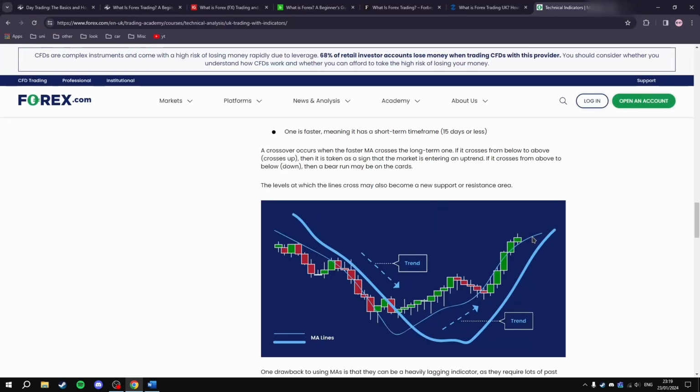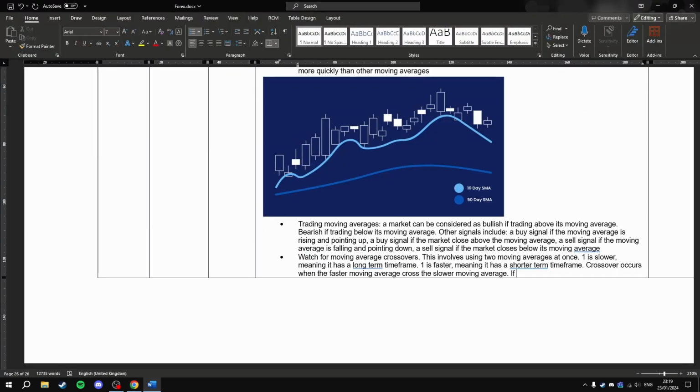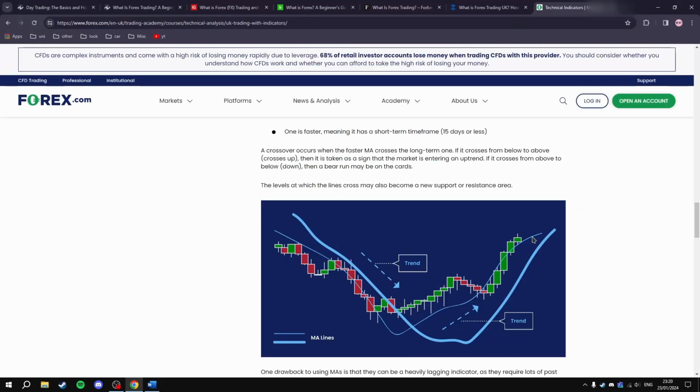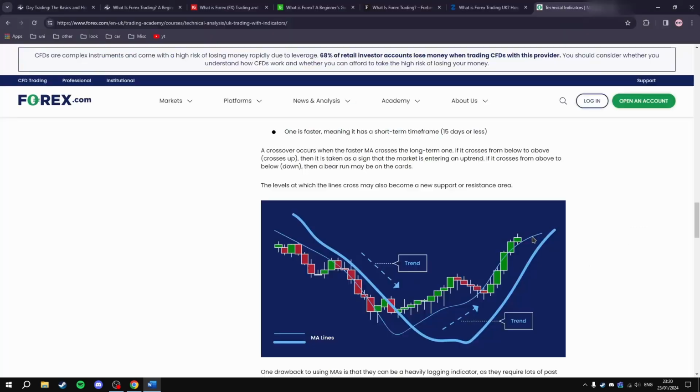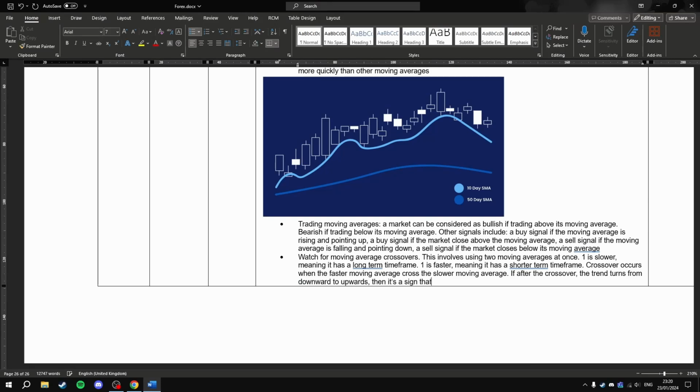So after the crossover, the trend turns from downwards to upwards, below to above, crosses up, yep, then it's taken as a sign that the market is entering an uptrend.